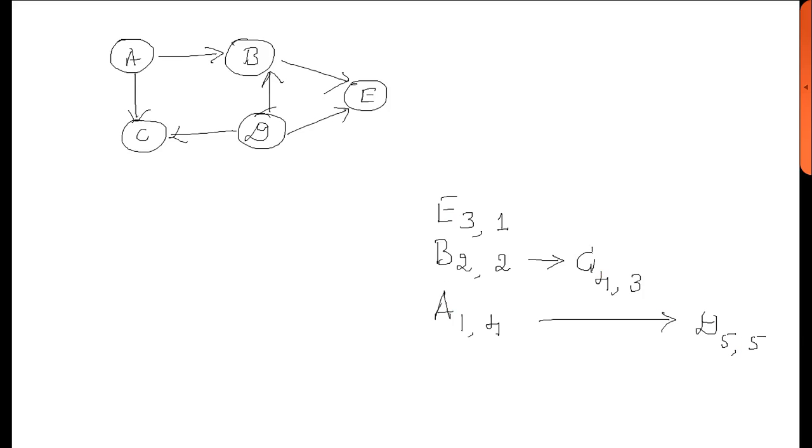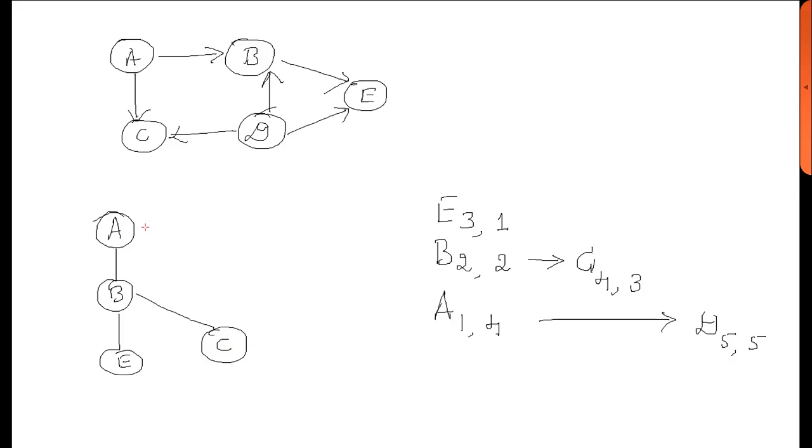For this, we can generate a DFS tree something like this. A is the first one to be visited, from there B, and from there E. And from B, we had C, so this has to be marked something like this.